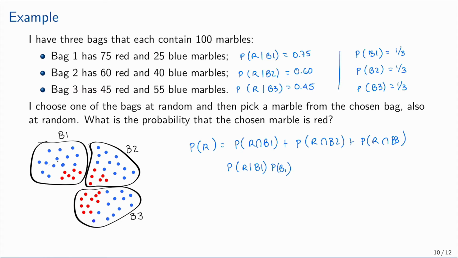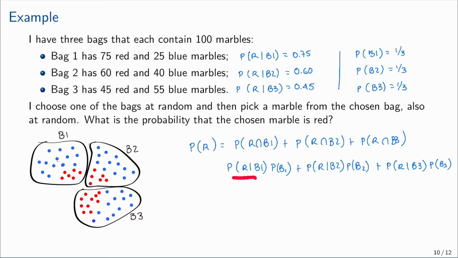That's just the definition of the conditional probability for the first case, plus we can do the same thing for the second case. The probability of selecting red given that we choose bag 2 multiplied by the probability of bag 2. And finally, the third one is the probability of selecting red given that we are in bag 3 multiplied by the probability of selecting bag 3.